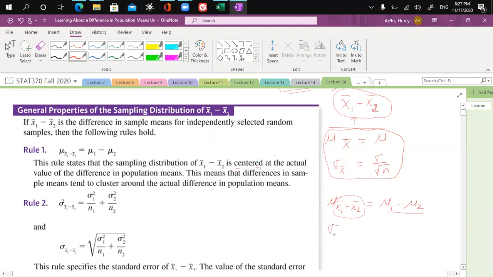The standard deviation of x bar 1 minus x bar 2 is given by sigma 1 square over n1 plus sigma 2 square over n2, where the sub-index 1 represents sample 1 and sub-index 2 represents sample 2. This is the variance, or we can say the standard deviation, it doesn't matter.